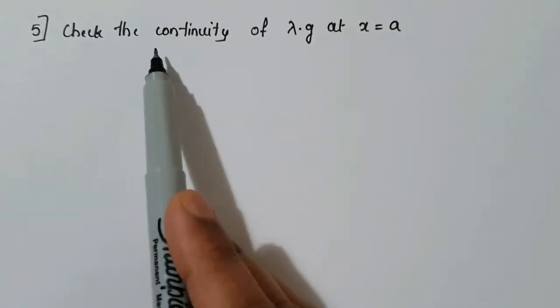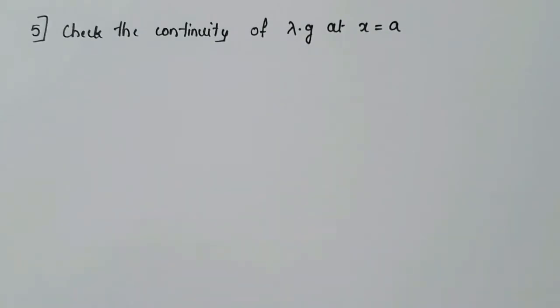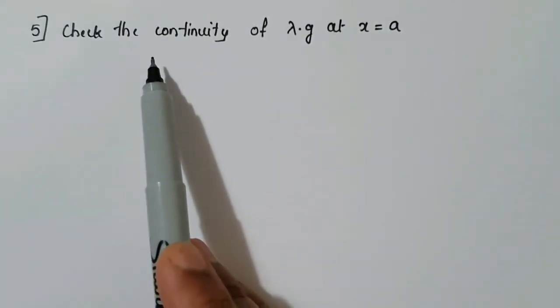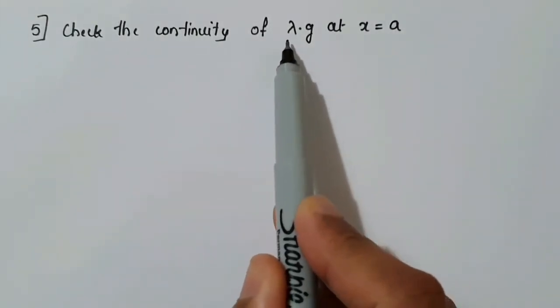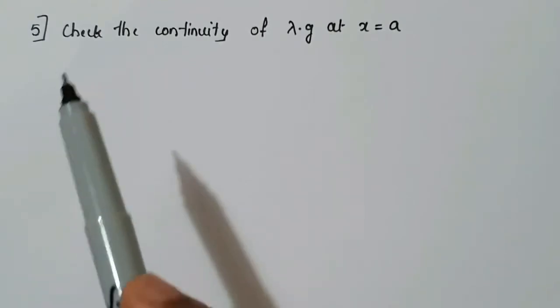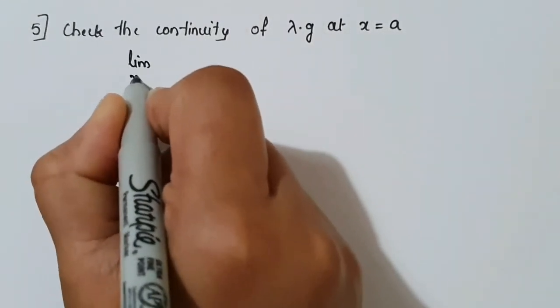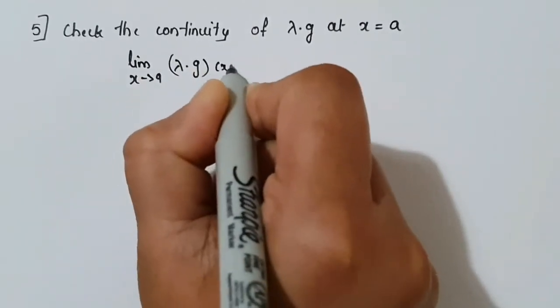Rule 5. Check the continuity of lambda dot g at x is equal to a. We know Rule 5 is a special case of Rule 3, that is the product rule, where f is a constant function which is lambda. We have limit x tends to a lambda dot g of x.